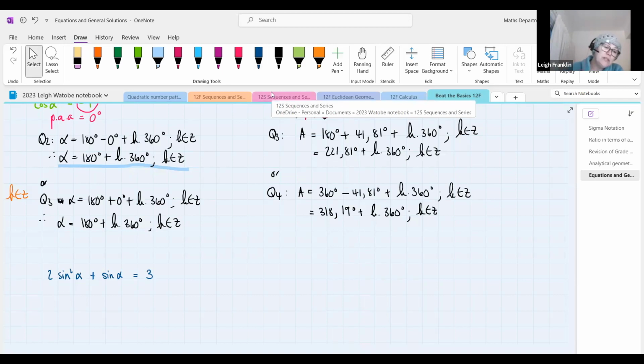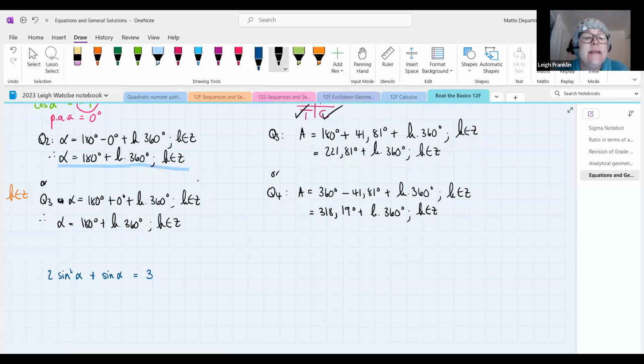What I want you to see with this particular question is that this is a trinomial. If you could imagine here that sine alpha was equal to the variable y, you'd end up with 2y squared plus y minus 3 equals 0 when you got it into standard form.